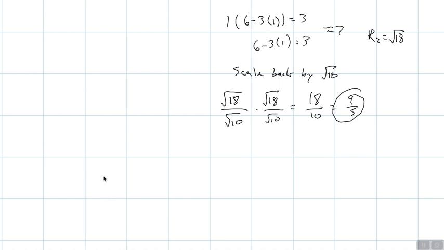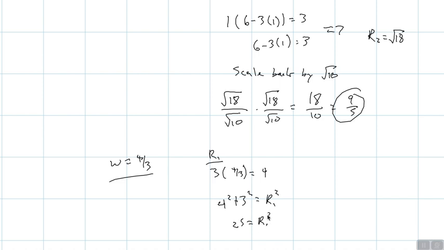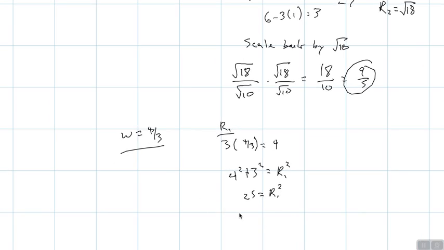So now the other case when w is equal to 4/3, so finding those side lengths. For the first one, finding for R1, 3 times 4/3 is equal to 4. And the other side is 3, so it's going to be 4 squared plus 3 squared is equal to R1 squared. Doing this out, 25 is equal to R1 squared. So 5 is equal to R1.